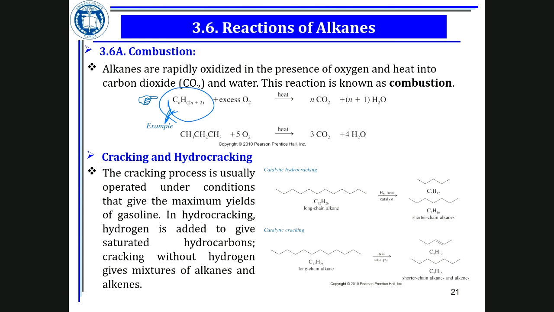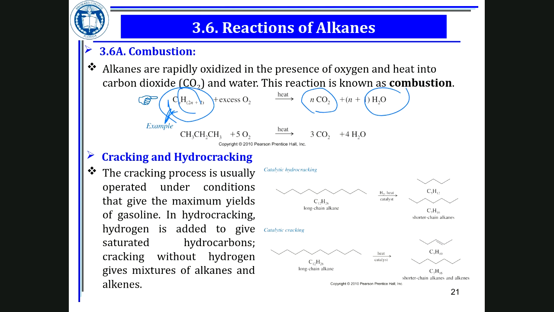So in combustion of alkane, you would get carbon combining with oxygen, you get carbon dioxide, and then hydrogen combining with oxygen, you will get water. So the product is going to be carbon dioxide and water.